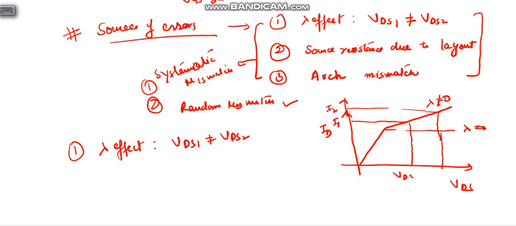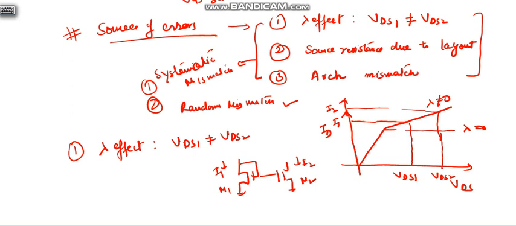So VDS1 for device 1, VDS2 for device 2. This is I1 and this is I2, this is M2, this is M1. We want to replicate I1 to I2, M1 to M2.